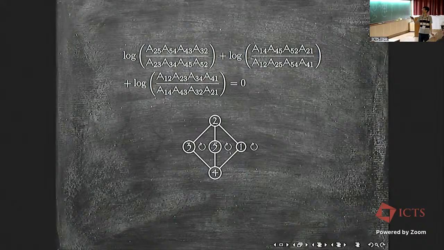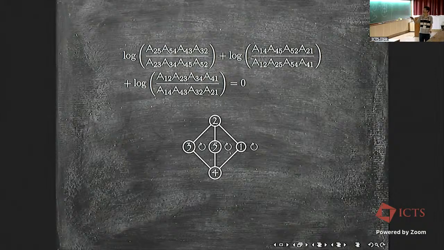Whenever you determine this one, then this cyclic product is also determined, because, for example, A25 times A52 is already a fixed number, 4 times cosine squared of pi over something, right? So once one cyclic product is determined, the ratio is determined, and then the other cyclic product is also determined.